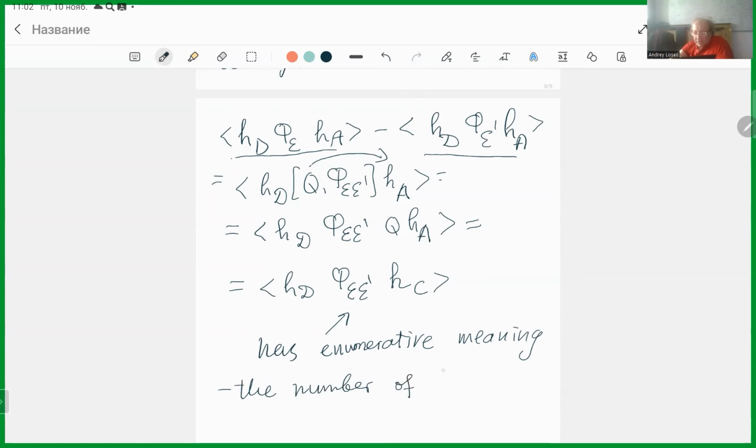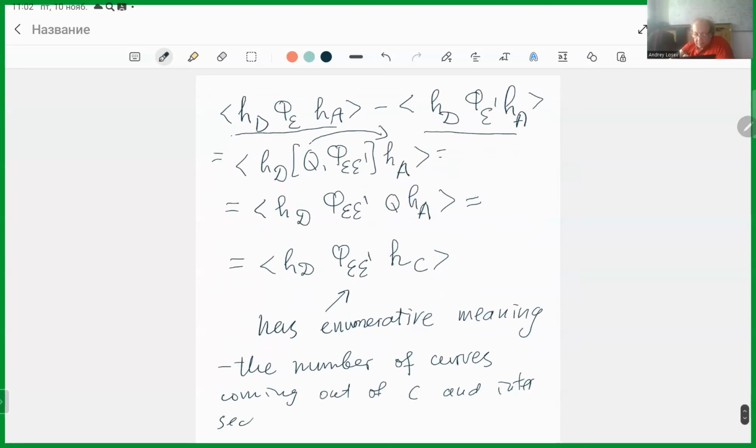It's the number of curves coming out of C and intersecting the interval E prime.